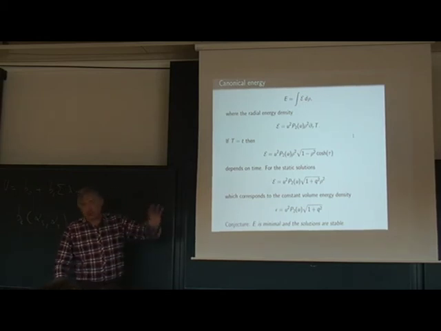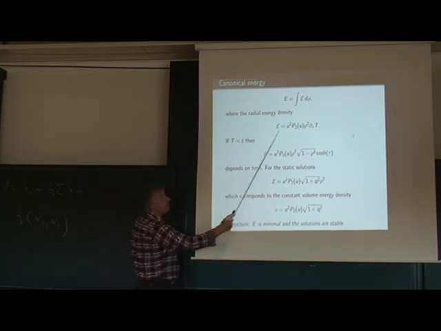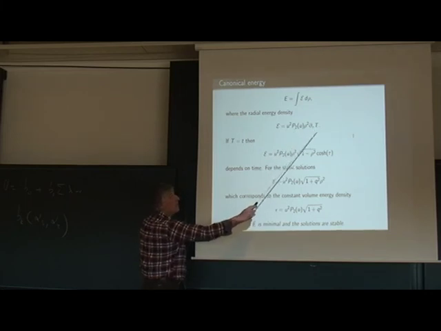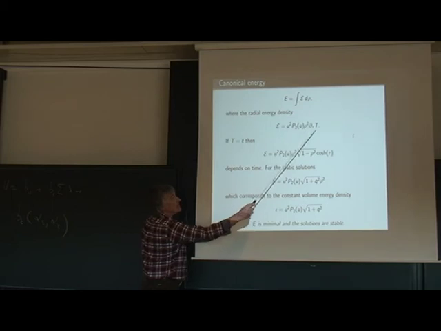And then there are also constraints and all that. I do not show this, I only show the final result. If there is a solution which is on shell, so the constraints are fulfilled, then the energy density becomes very simple, and in the static slicing it is proportional to the derivative of large T with respect to small t.